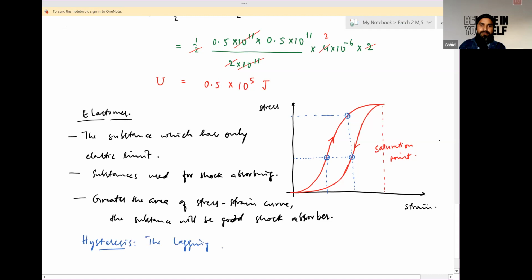The lagging behind property of stress, strain with respect to one another on extension or compression.